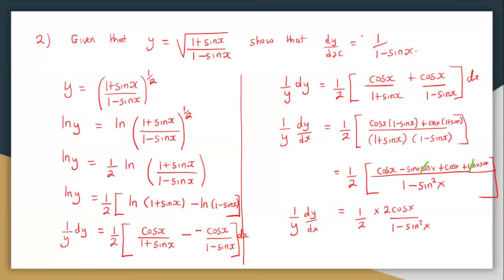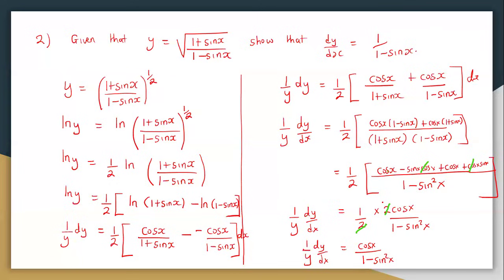Now at this point, these two can cancel. So once it cancels, it means that now I have 1 out of y dy dx equaling cos of x into 1 minus the sine squared of x.